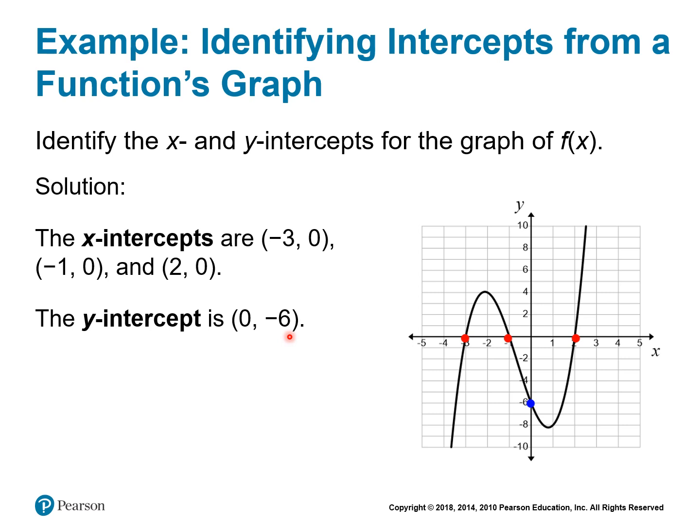So that's how we identify x and y intercepts by looking at a graph. Later on, we will learn how to find the x and y intercepts from an equation. I think that ends this section of chapter 1, 1.2.